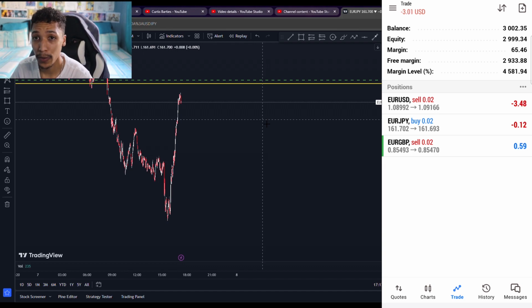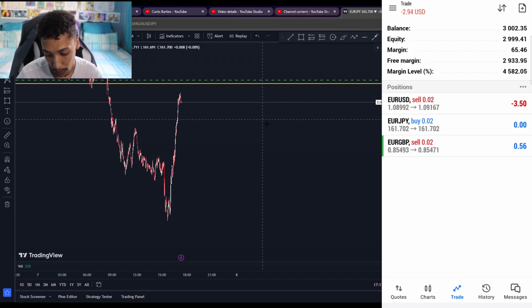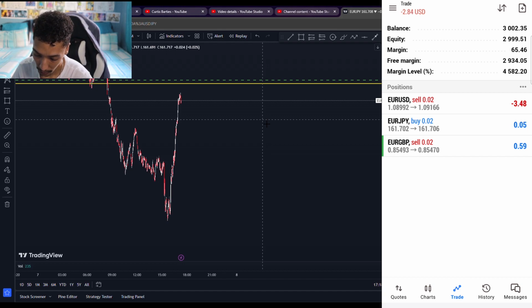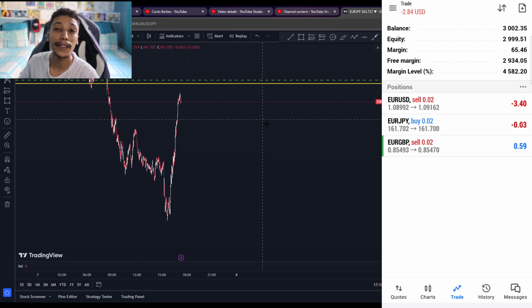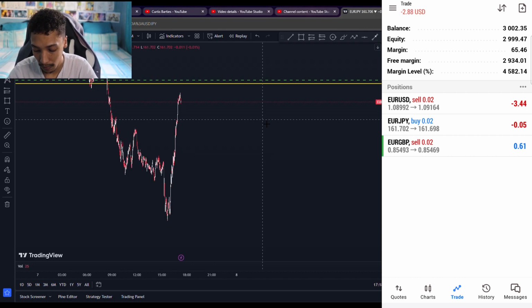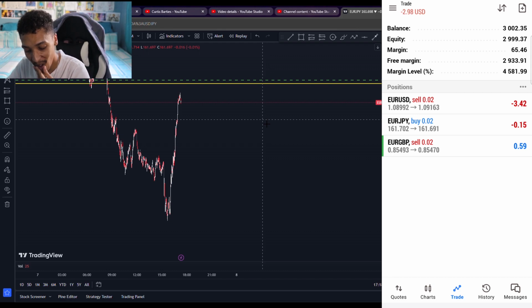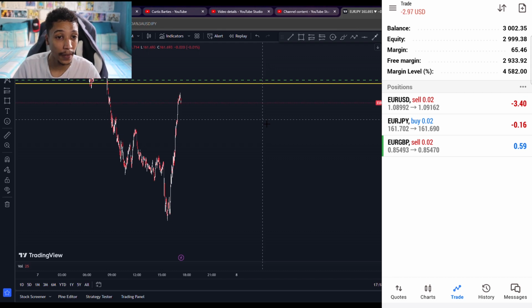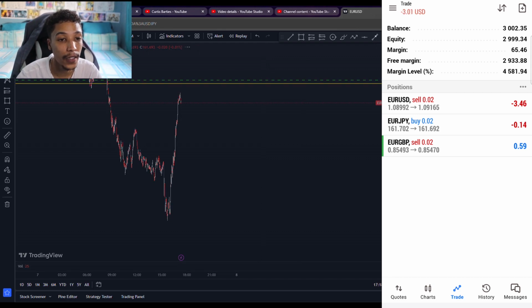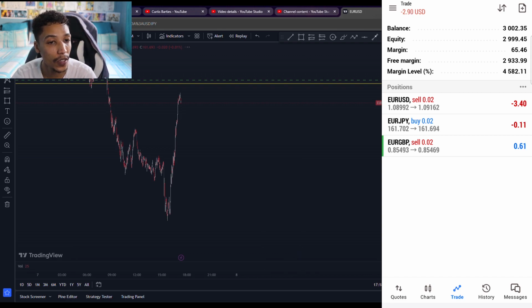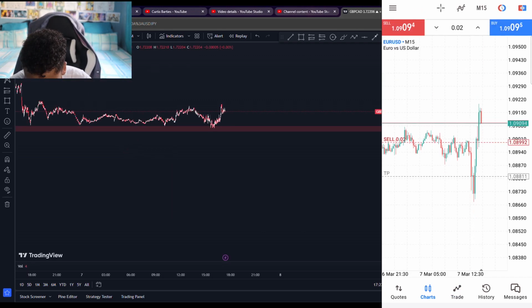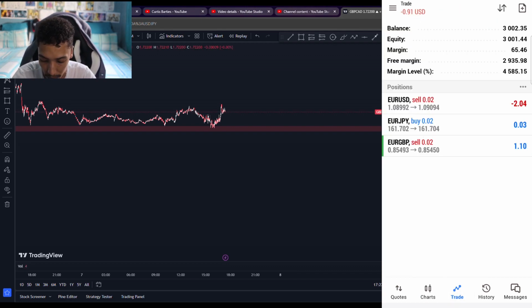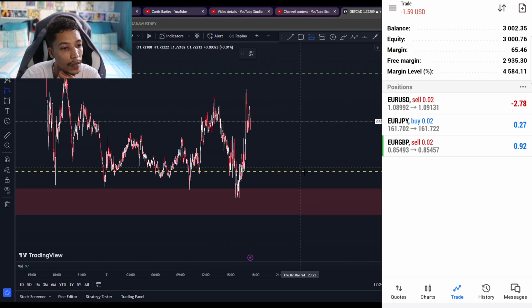So I'm gonna wait another 5, 10 minutes, maybe a little bit more, for the Euro USD. Then I'm gonna set the stop loss. Oh, okay, it's playing out that way. Just let that keep going.